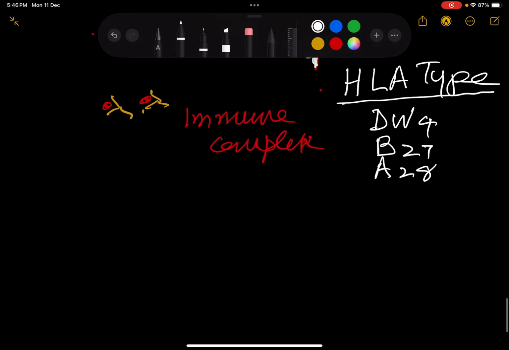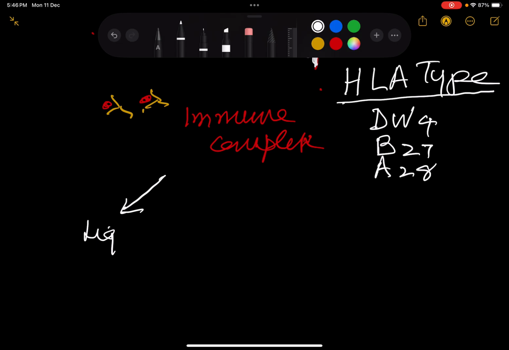Now these complexes would deposit at various places. They can deposit where ligaments are attached to bone. This is a bone and here is the ligament. So they can go and affect here. This type of pathology is called enthesopathy.